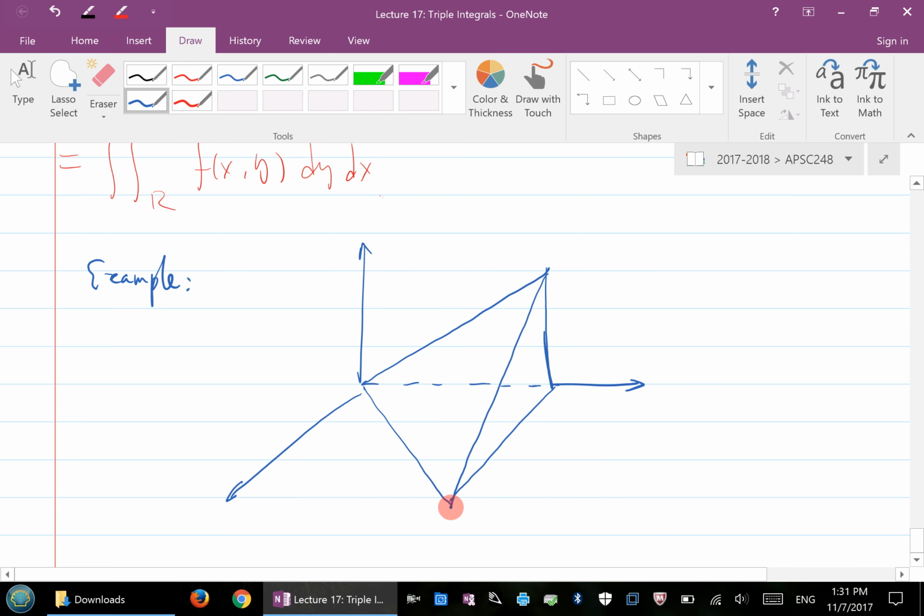All right, so I'm going to draw another kind of tetrahedron here. So this is another tetrahedron. I'm going to label some of the important boundaries for you. This is an inclined surface, y equals x plus z.